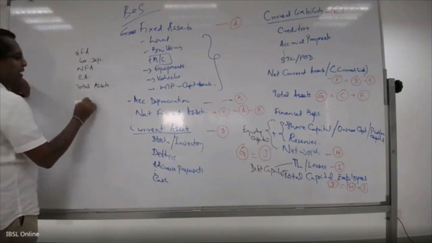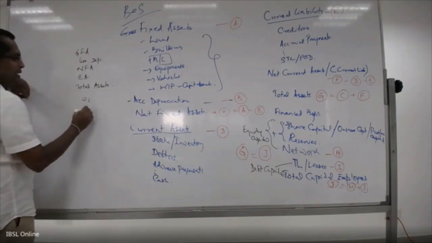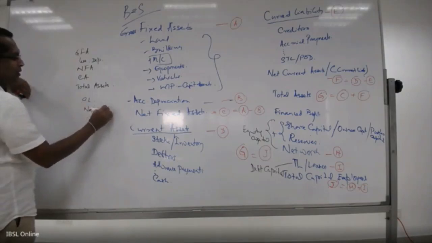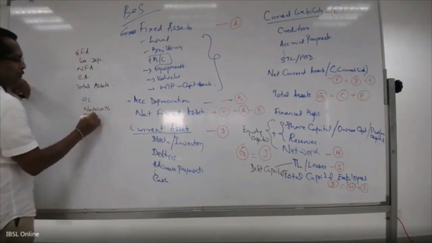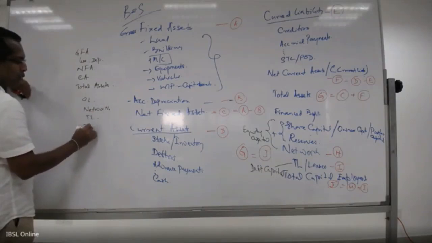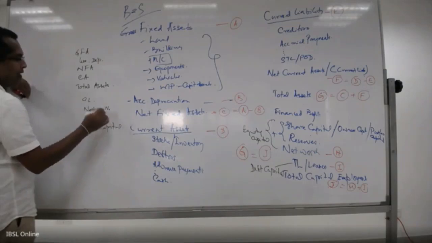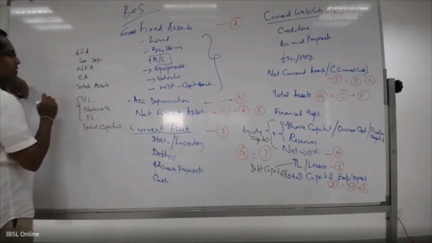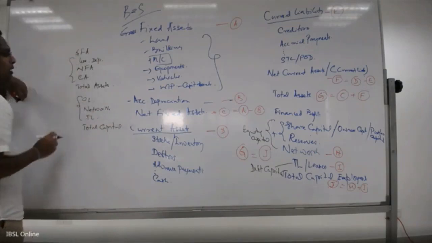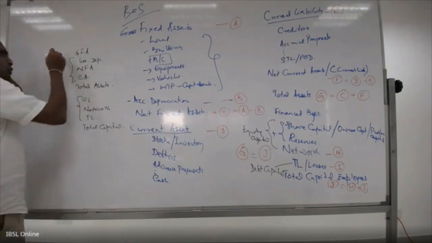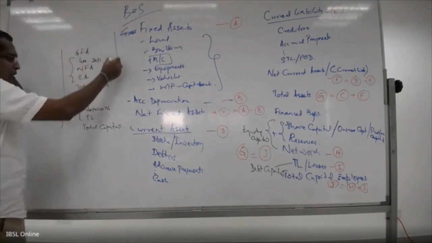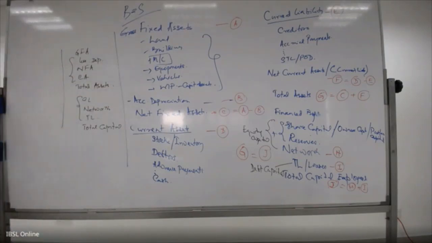Then you have current liabilities, net worth, term loans, total capital, right? All liabilities on one side, only the assets on one side. So you can use this format or this format, no harm.